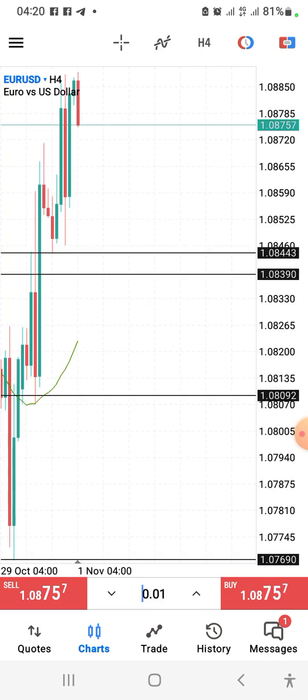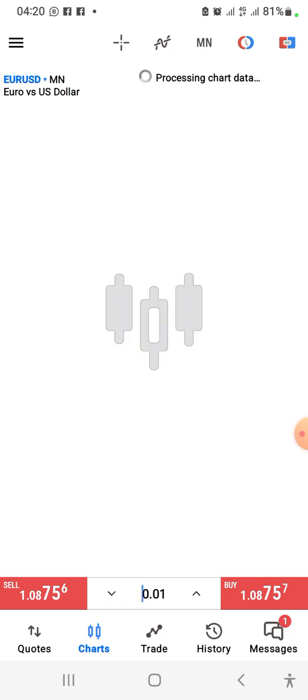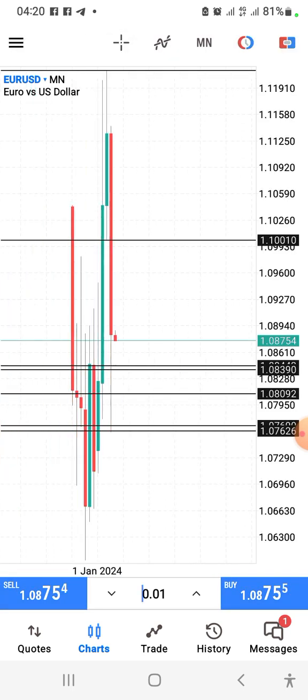Now I've already told you how to take the trade. So on the month, let's see what is happening there. We'll wait a little bit to see our moving average. We're already seeing that the candlestick is bearish. So let's see if the moving average is telling us to sell.